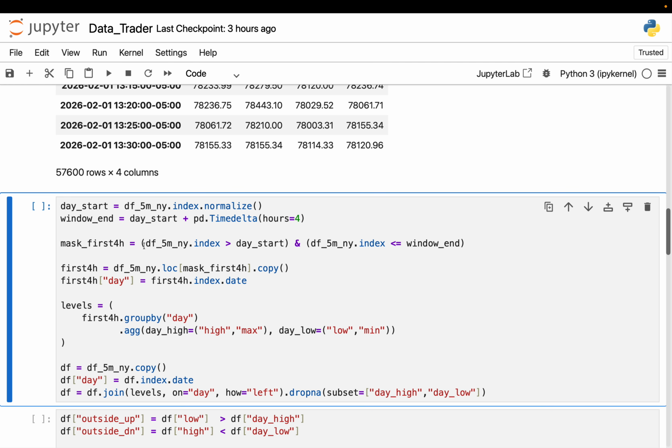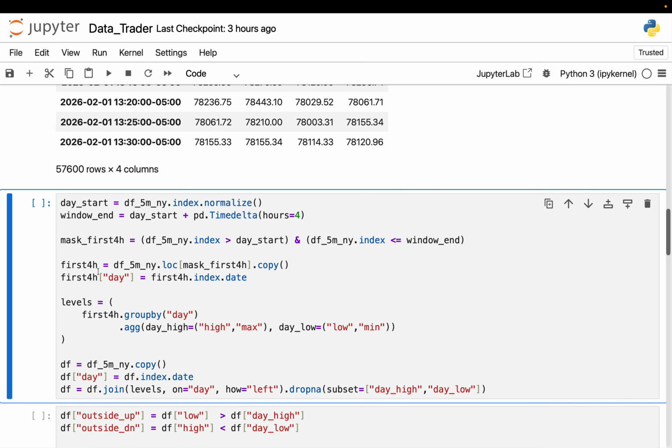And then I'm just building a Boolean mask here, which keeps candles that fall inside the first 4-hour windows of the New York day and filter with that mask into the first 4 hours here. Nothing more than that. And then I'm grouping by the day and compute the day high, the day low, and that produces levels, which is 1 row per day.